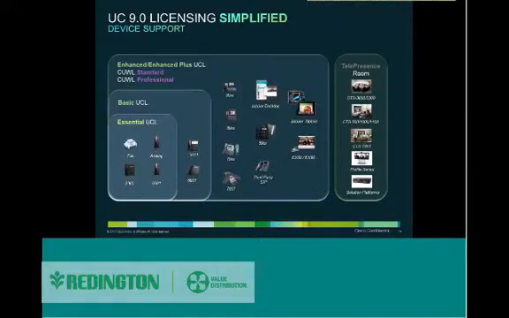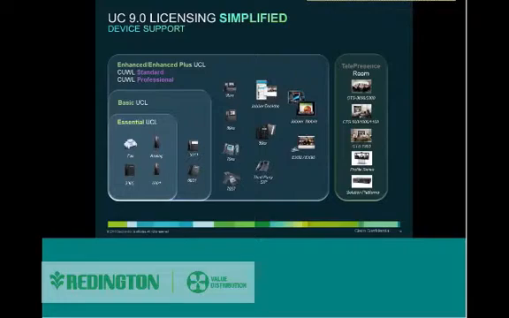So this picture shows the devices supported on each licensing model. As I said, on the UCL we have three different licensing models: essential, basic, and enhanced plus. The essential UCL license covers the analog phones and the 3905 and 6901 models.